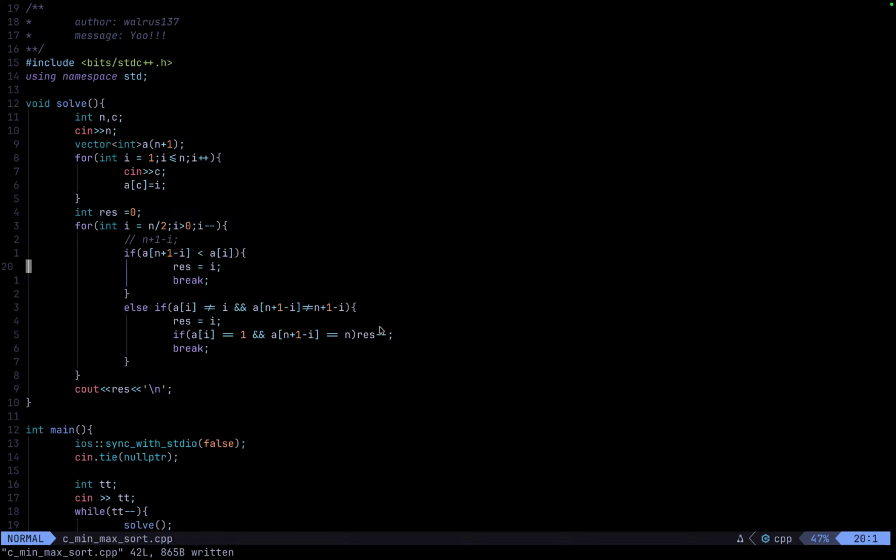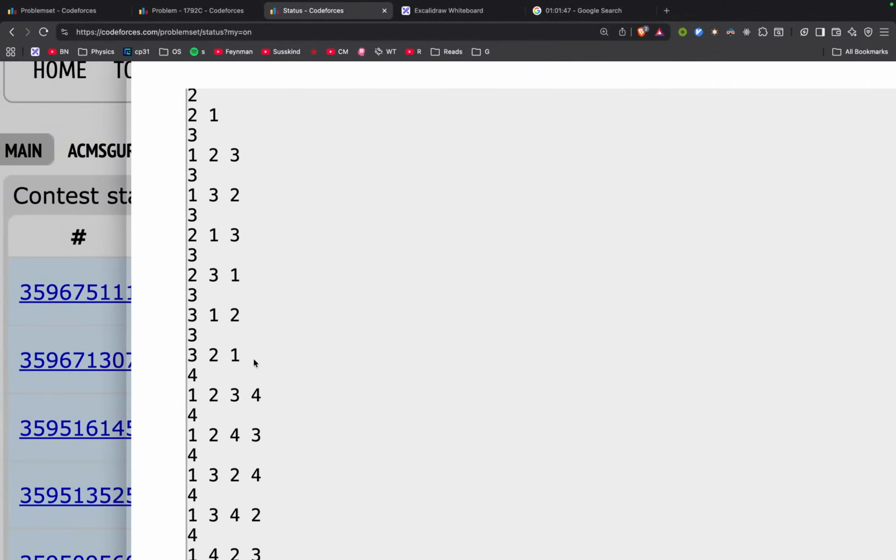Yep, order does not matter. Wait, in this case the middle element is 2. We are checking for 1 and 3. Yes, the middle element is 2, which is not at its correct place.